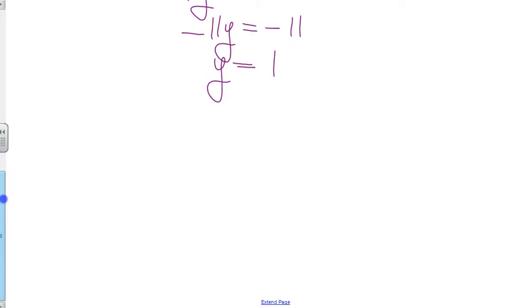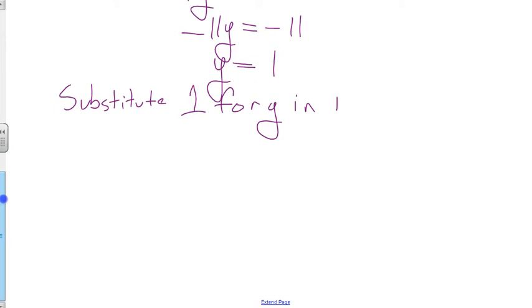Okay, what's next? Well, then we're going to substitute 1 for y in which equation? Equation 1. Your choice doesn't matter, but in this case I think equation 1 is simpler, because it has the x by itself, which means all we're going to do is stick the y in and then multiply it and move it to the other side, and life will be good.